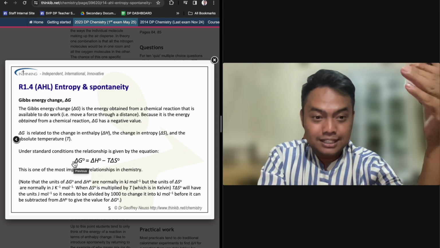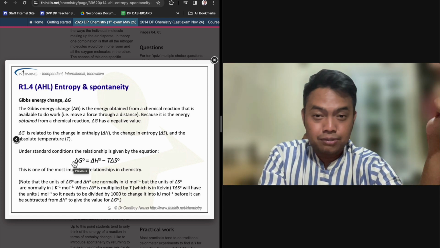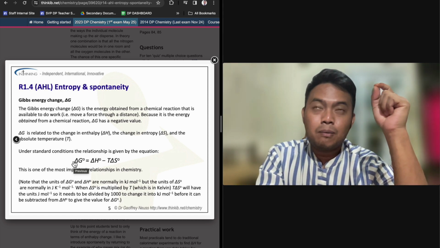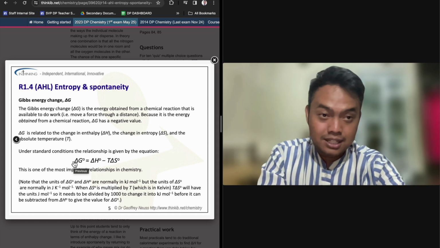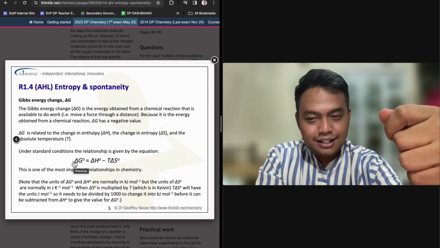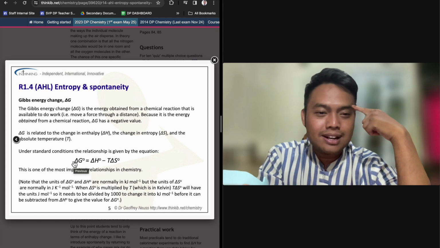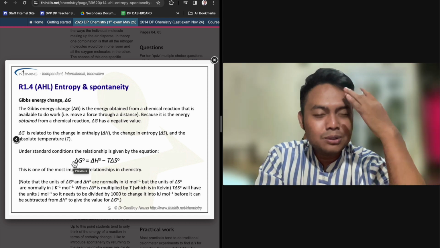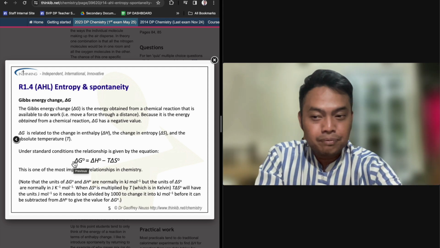That's the spontaneity that comes to your mind. That's a law of nature that we can understand intuitively. If you have fire and you put your hand on it, you're going to feel very hot and burn. You know in your mind that's going to happen naturally, spontaneously.